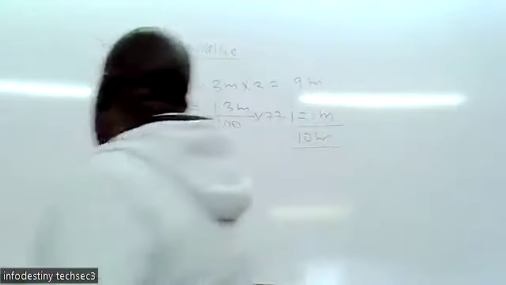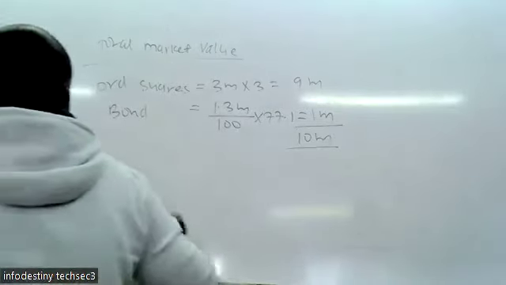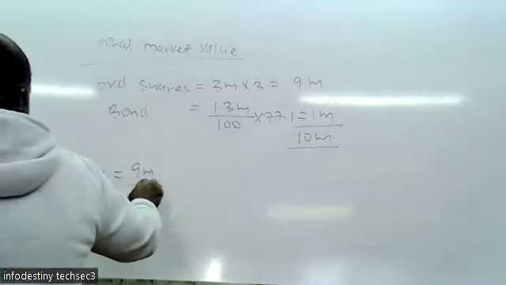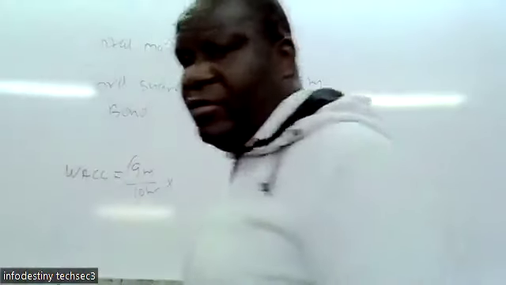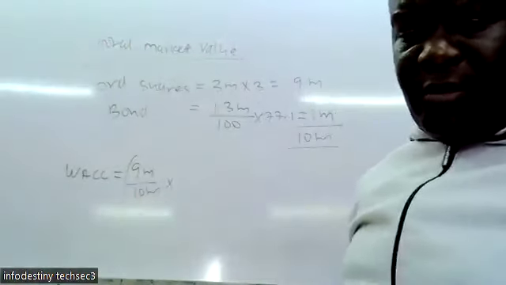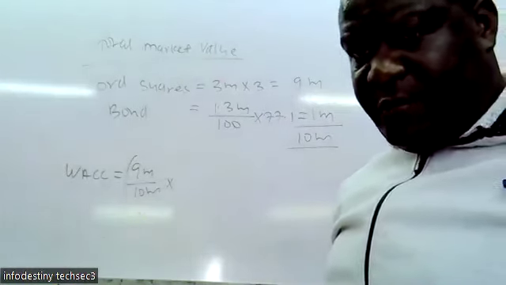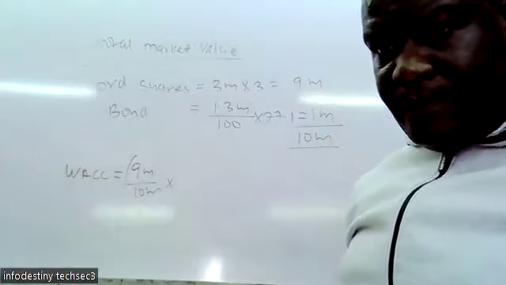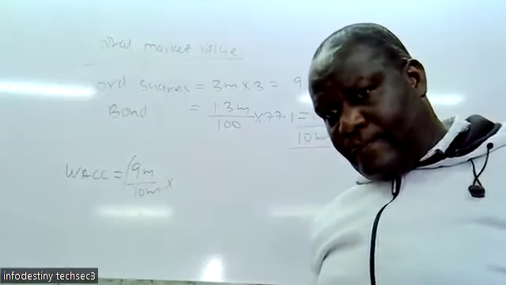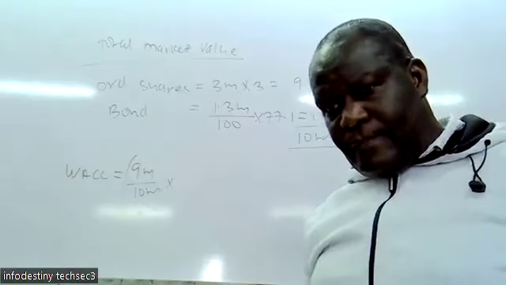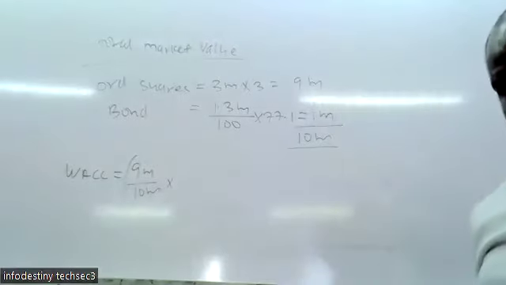Yeah. So now from there, we get the WACC, where you take 9 million divided by 10 million. Then what was the cost of the ordinary share?